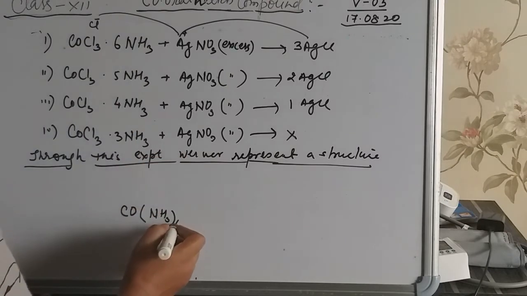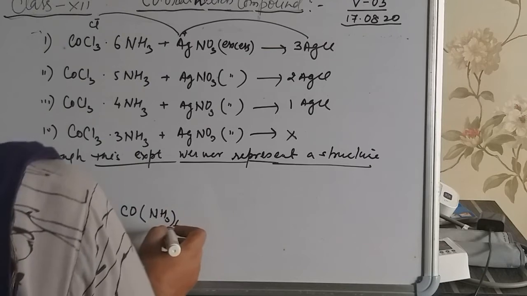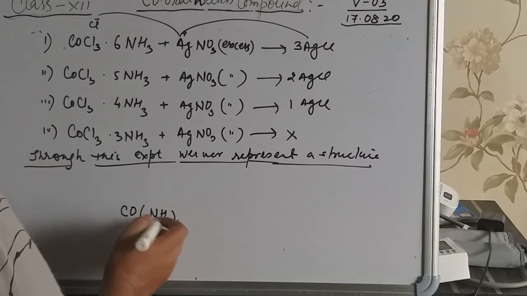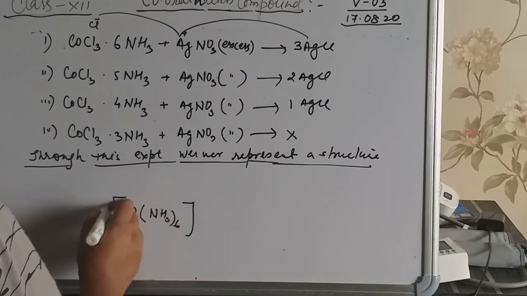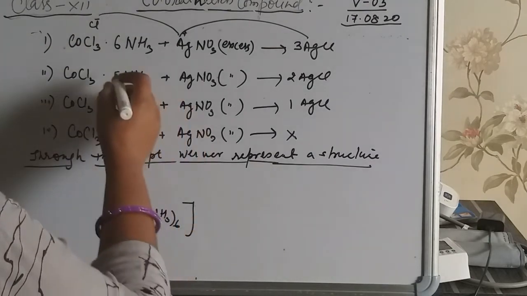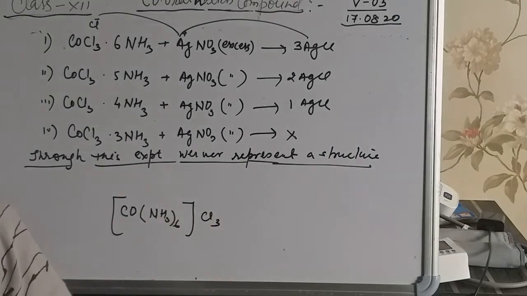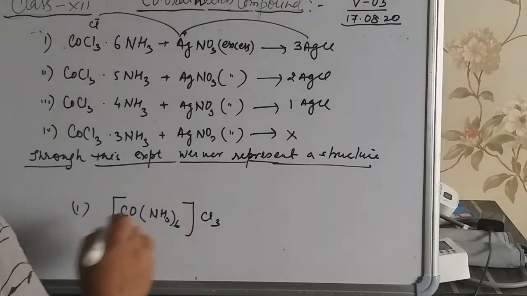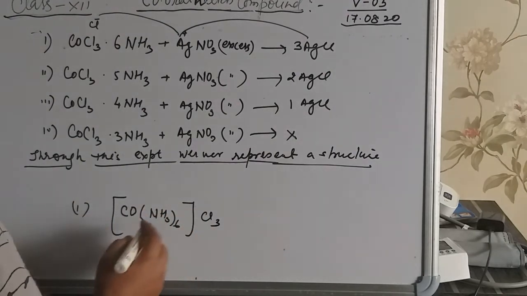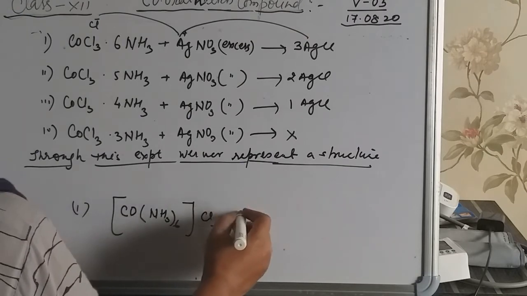So the coordination, or secondary valency, is shown by the neutral ligands, and the 3 ionizable chlorides show that they are present in the ionization sphere. So in this way he could successfully establish the structure of the complex compound.